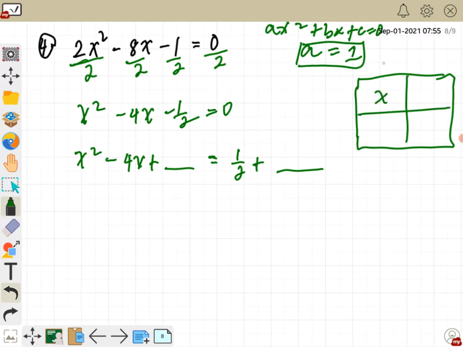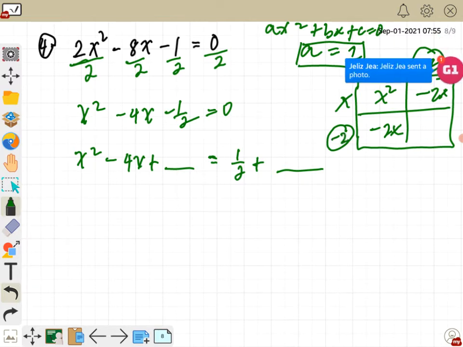That's x squared, then x and x. So the idea is take the half of b, that makes it negative 2x and negative 2x. Then on top becomes negative 2 and this one negative 2. So the idea is take the half of b, then square it, because when you say negative 2 times negative 2, it's like negative 2 squared. Negative 2 squared is positive 4. So that makes it here plus 4 and plus 4.